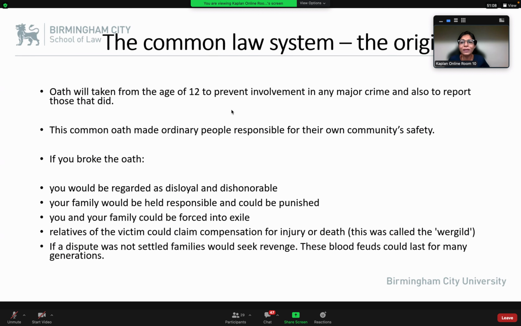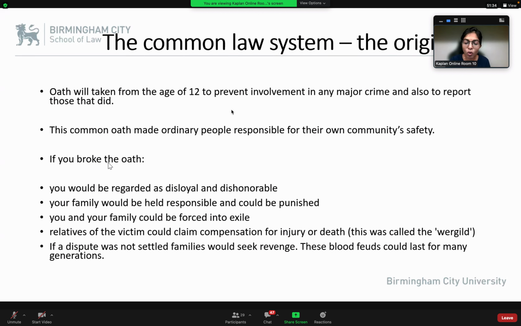So we want obedience. Do you see? That's a good social norm, but they did it like that. So basically, the responsibility is on you to ensure that your community and society is safe. So the Anglo-Saxon society creates a responsible society, and you have the burden to live in a safe society here.